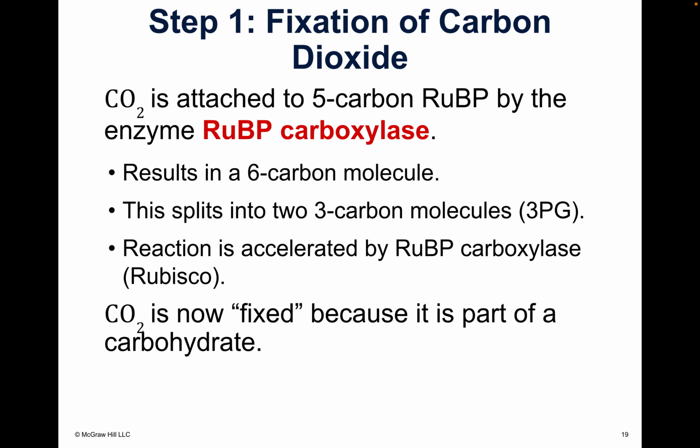That makes sense. We're taking our 6-carbon molecule that our CO2 and our 5-carbon RuBP just made, and we're going to split it again so we can fix this CO2. Half of 6 is 3, so you get 2 3s. So 3PG, 3-carbon molecules. Again, CO2 is now fixed because it is part of a carb.